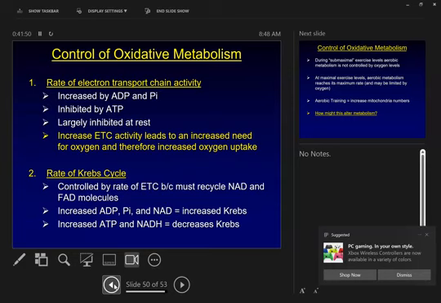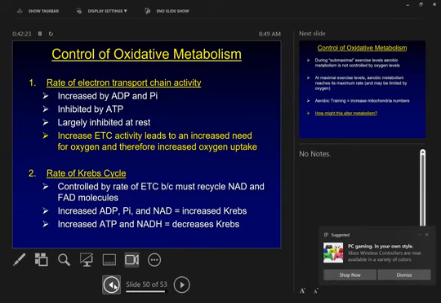So at rest, when I say that it's largely inhibited, it's just operating at its slowest rate. As this begins to speed up and we do more and more, we need more and more oxygen. That's why we measure oxygen use as a measure of all of this. So electron transport chain is controlled by ADP.